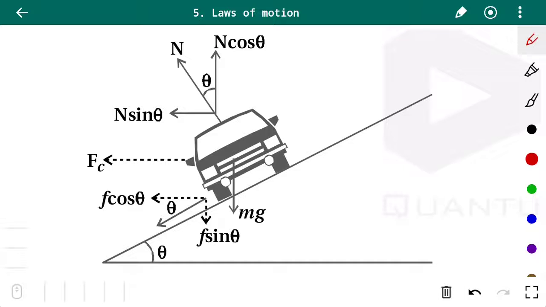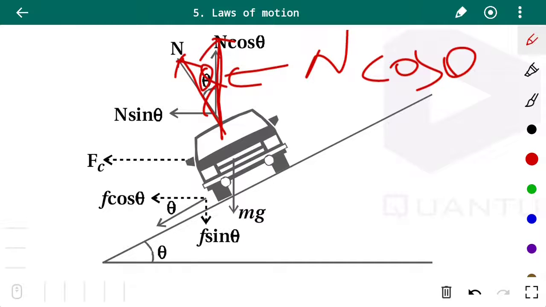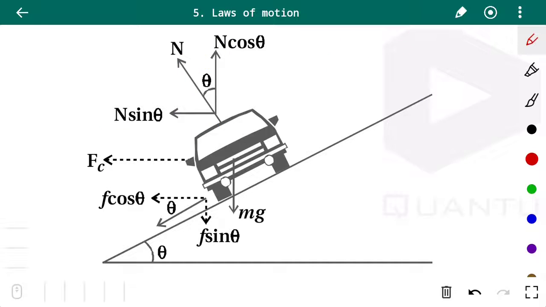Now see, here the normal force or normal reaction makes angle theta with this axis. So the components become n cos theta, and along the other axis n sin theta. Also the surface provides friction, that is, the friction is created between the tires and the surface of the road, towards this direction.